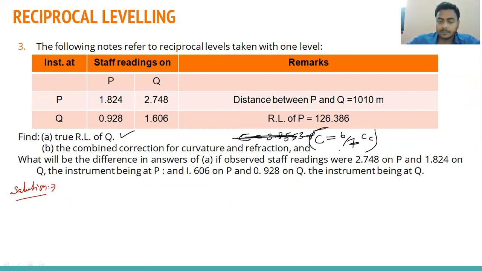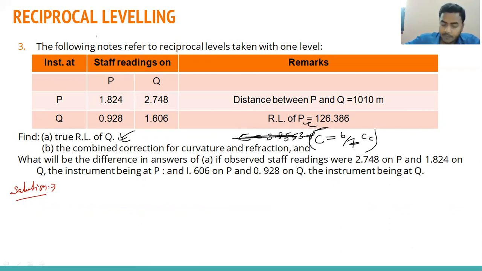Now we can calculate. To calculate the RL, we have RL of P given. We have to calculate RL of Q, so we have to calculate the difference in height between P and Q. We are talking about the difference in elevation.